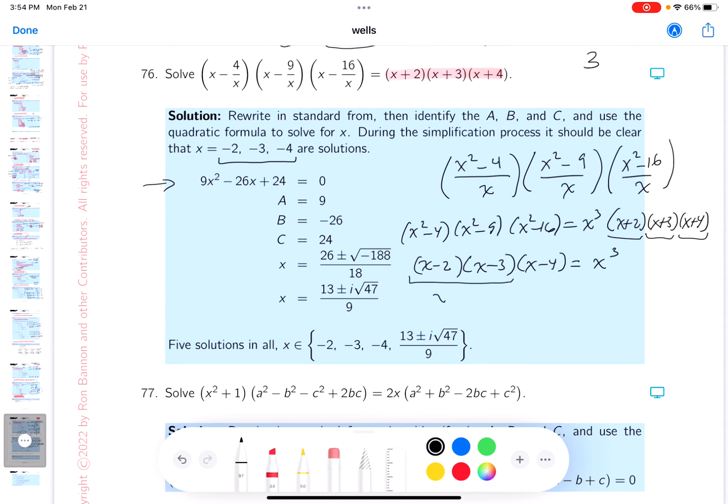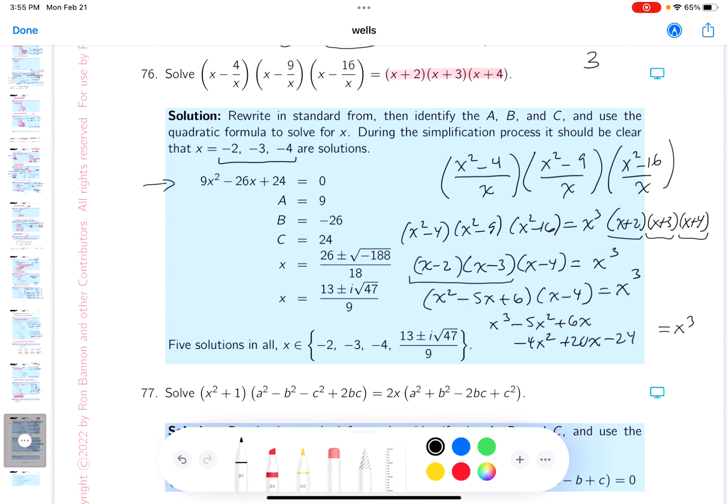You'd get x squared minus 5x plus 6 times x minus 4, x cubed. Let's see, you get x cubed minus 5x squared plus 6x minus 4x squared plus 20x minus 24.